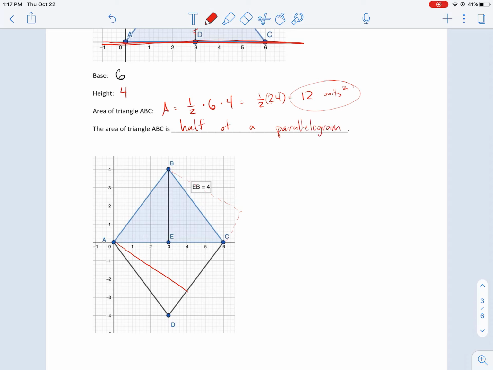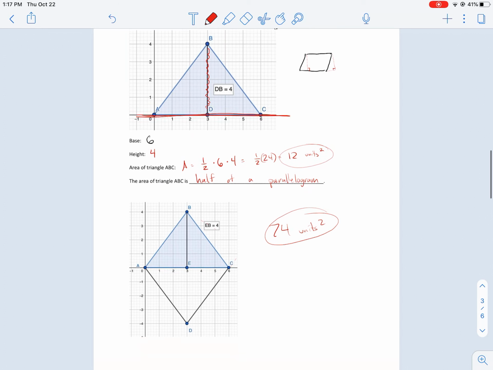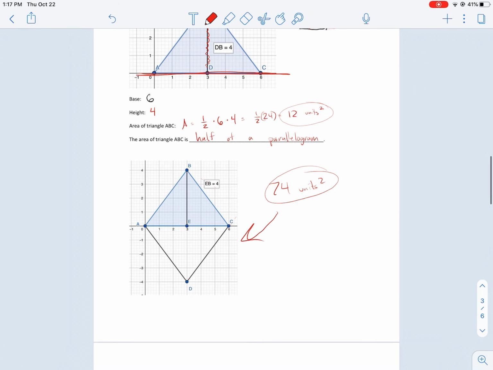So if I wanted to guess, educationally, what the area of this parallelogram is, I would say the area of this parallelogram has got to be 24 units squared, right? Because this triangle is 1/2 of that parallelogram.